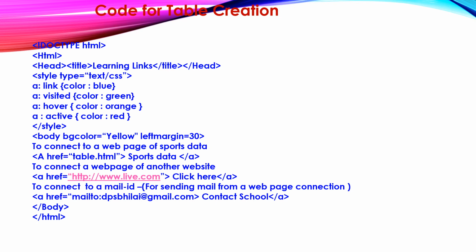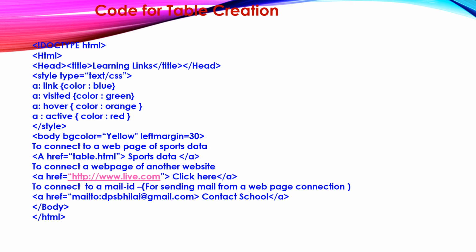Similarly, if you have to connect to an email ID, at that time you have to mention the word mailto. So a href is equal to mailto, and then the email ID which you want to connect. For example, in many web pages you find contact this or that.